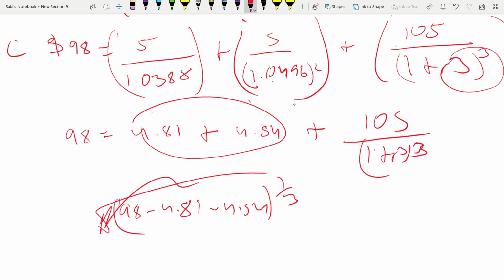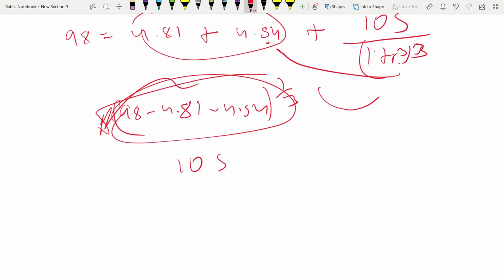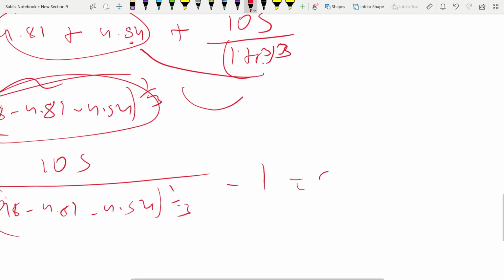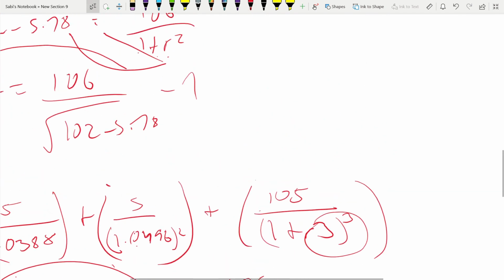So R3 becomes 105 divided by 98 minus 4.81 minus 4.54, to the power 1 over 3, minus 1. That is your R3, which is 5.8%. You will automatically see this percentage going up. First it was how much?